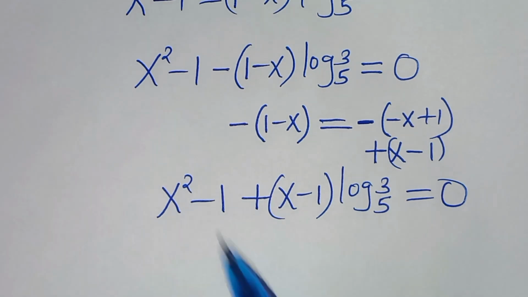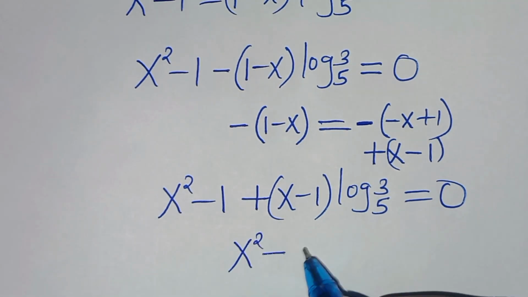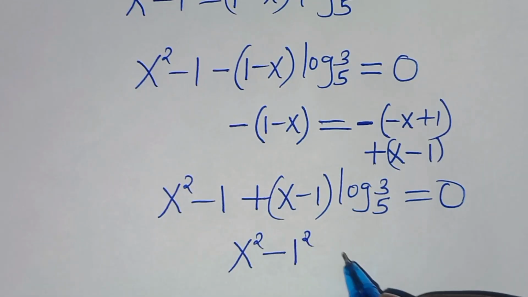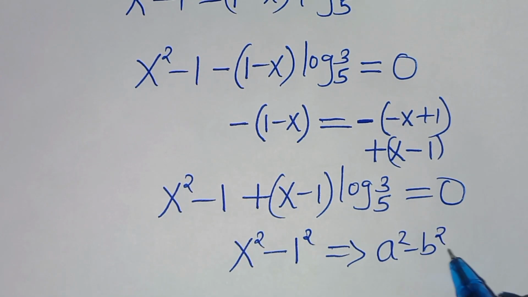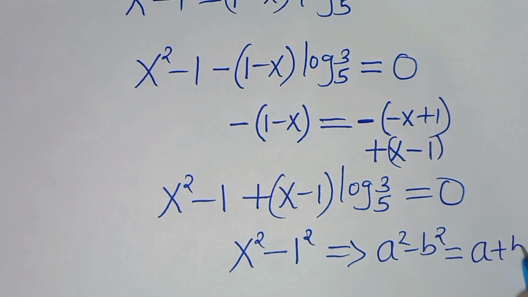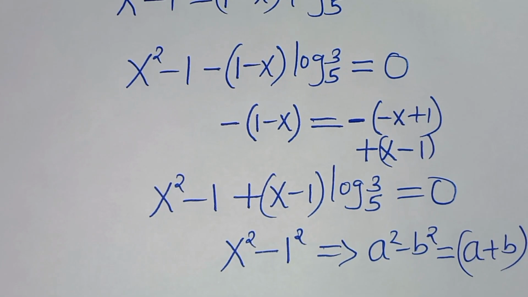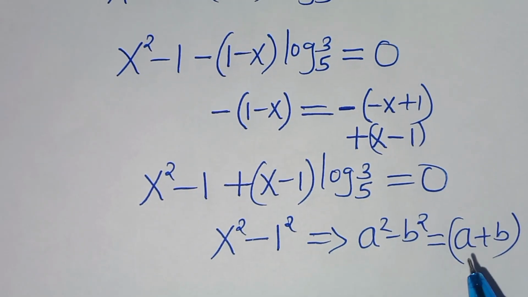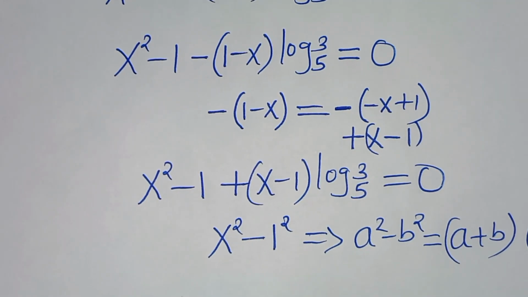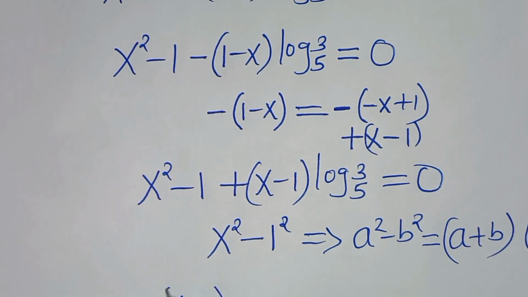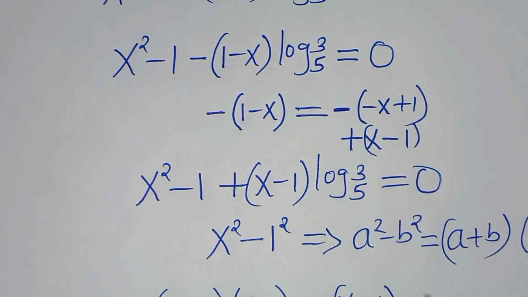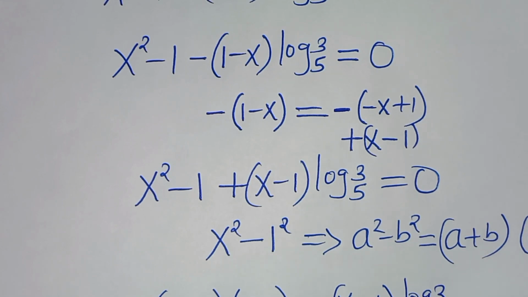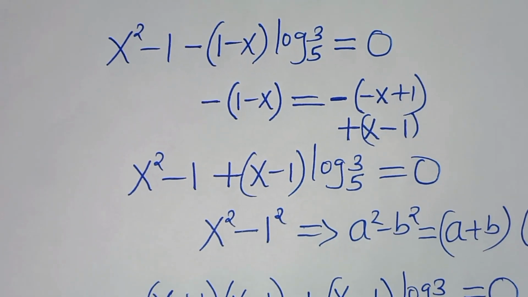Now we have x squared minus 1, and we can express this as 1 squared. This is in the form of a squared minus b squared, which we can express as a plus b times a minus b. Applying this identity, we have x plus 1 times x minus 1, plus x minus 1 times log 3 to base 5, equal to 0.